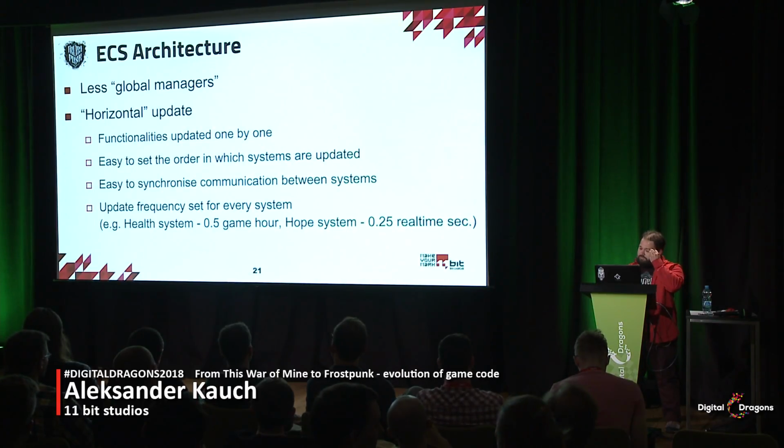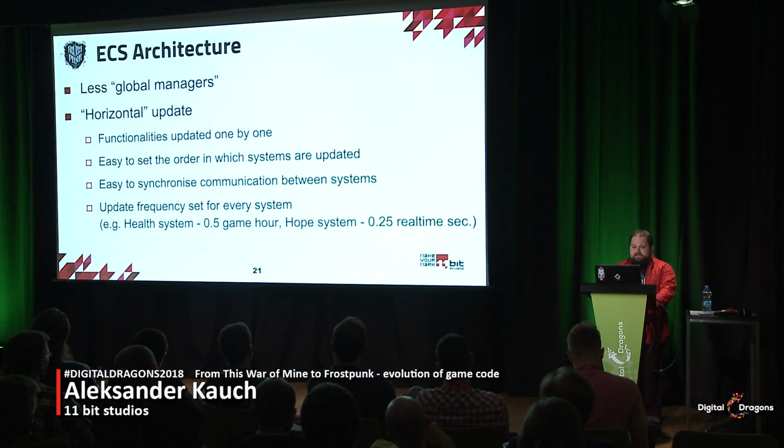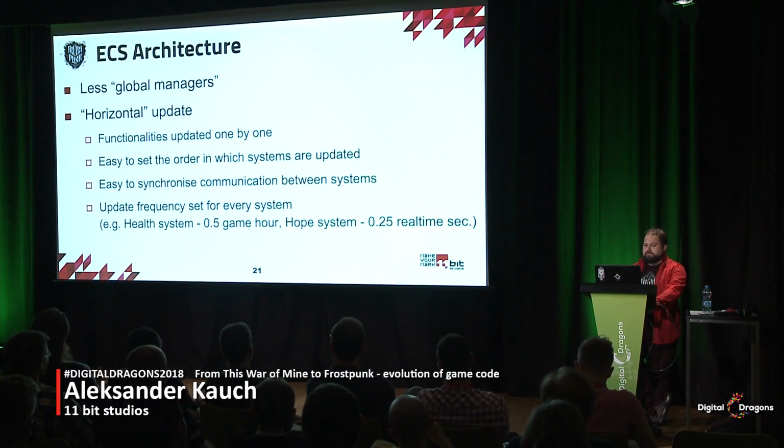And the most important thing, horizontal update. By horizontal, I mean that in our model we do not update entities anymore, we update functionalities. So first, for example, movement system, animation system, and so on, for every entity. Using that horizontal update, we could easily set the order in which systems are updated. The communication between them was easier because of that.